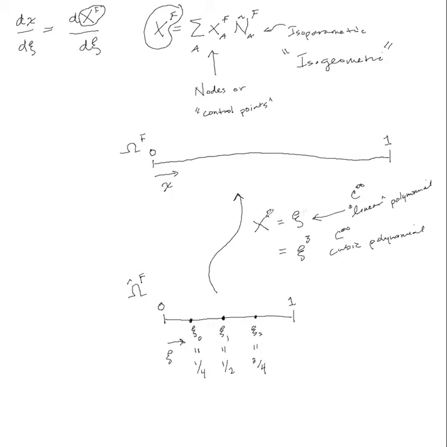Okay, so if the mapping is a cubic polynomial, where does 1/4 go? What does it map to? 0.016. So it's 4 cubed, right? So it's 1/64.